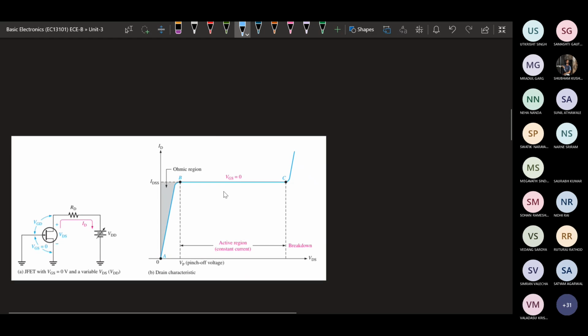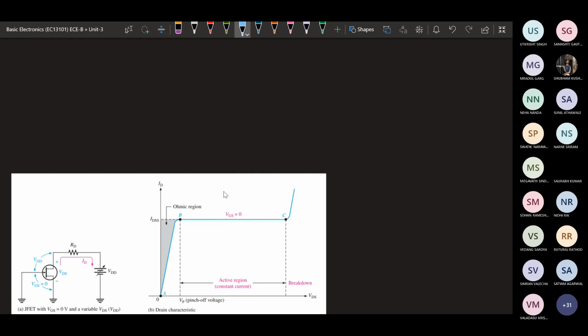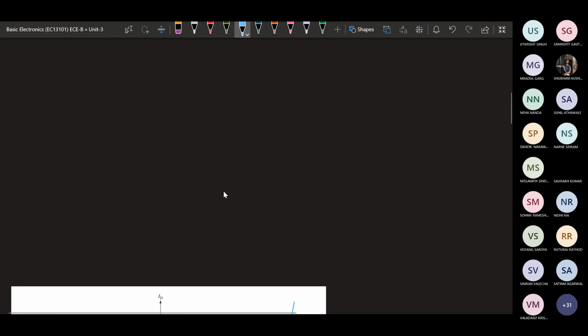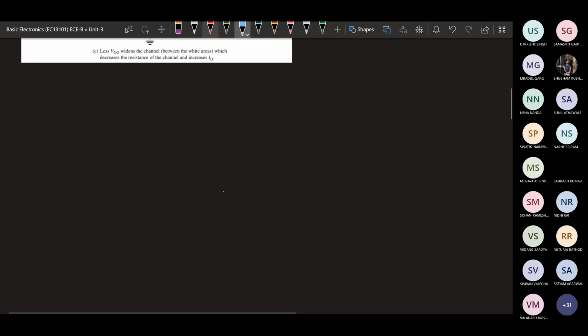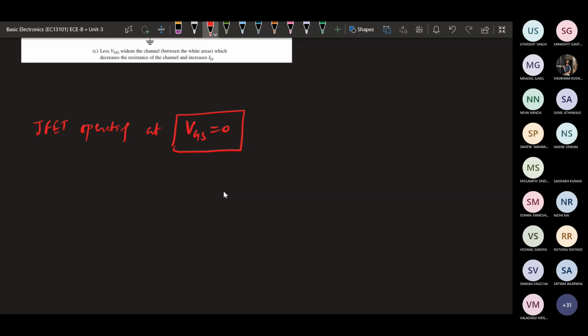Okay, so next we will see if we are going to operate the JFET at VGS equals 0. So if VGS is equal to 0, at that time how will this JFET behave, we will see that.